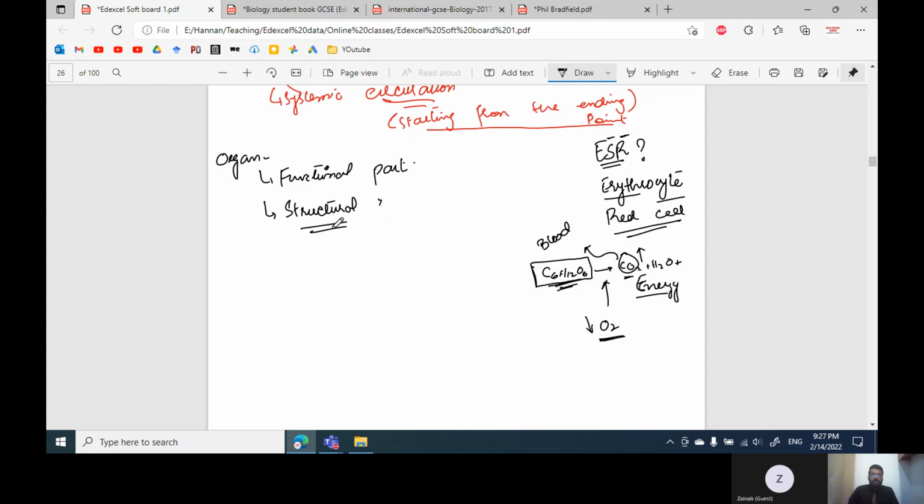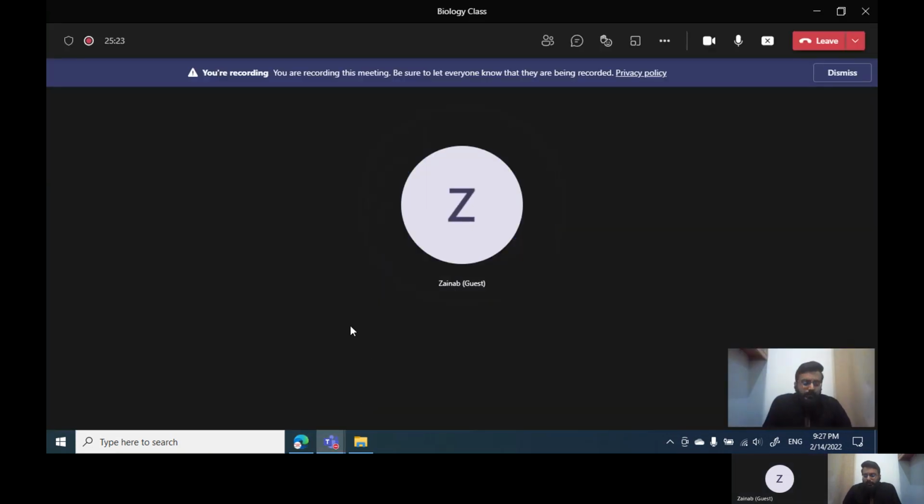And suppose the structural part does not get oxygen. Do you have any guesses what would happen? Its cells would start to die. Very good. You have almost completed my point.